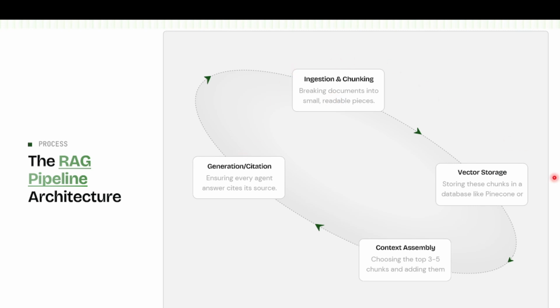And then the next thing is vector storage. This is where all the information that has been chunked in this step is indexed and stored as embeddings in a vector storage.